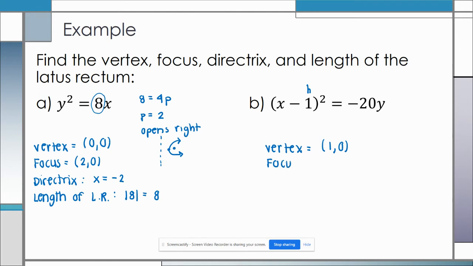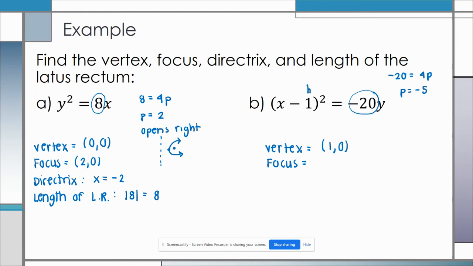To identify the focus point, I once again need to know what my p-value is and what direction my parabola opens. So we look at the number that's in front of the non-squared term. -20 is going to equal 4p.